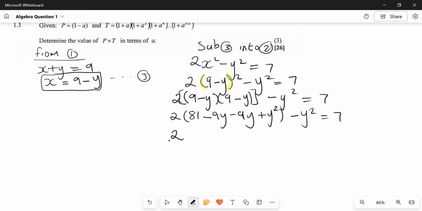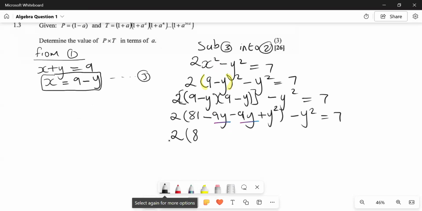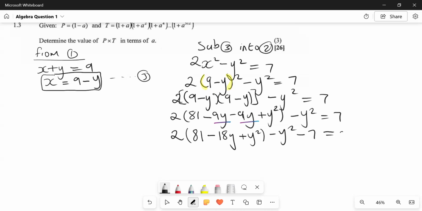Then from here, you have your 2, drop down the 2, and then you add your like terms. So like terms, you have minus 9y minus 9y, which will give us minus 18y plus y squared minus y. Let's transpose 7: minus 7 equals 0. And then from here, you can start to multiply out.